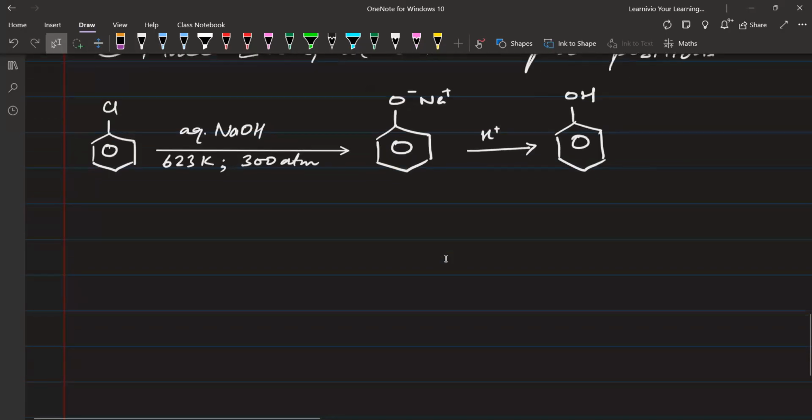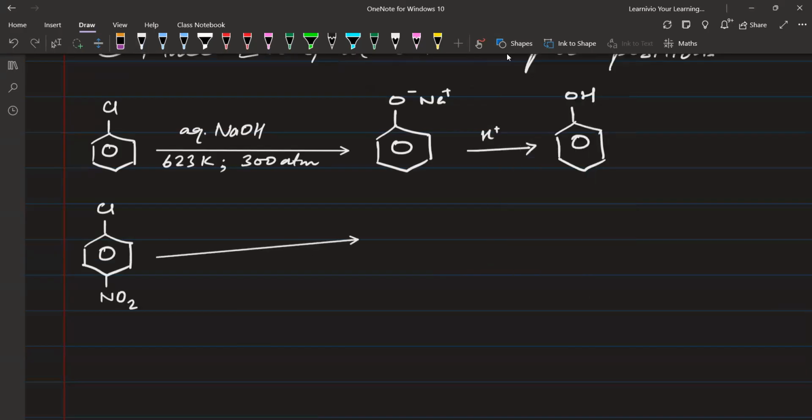Now you can start adding electron withdrawing groups. For example, we can add an NO2 group in the para position, let's suppose, with chlorine. In the first step, I'm adding aqueous NaOH, and then 443 Kelvin.